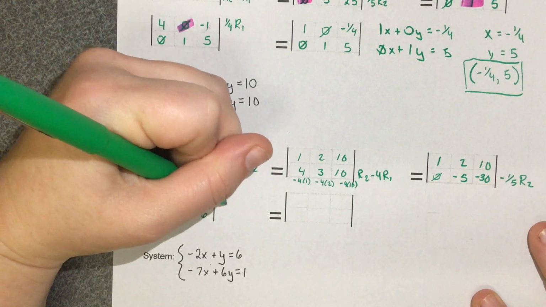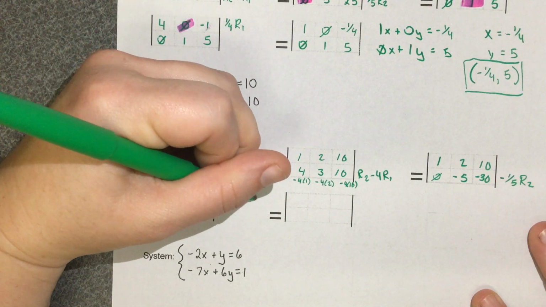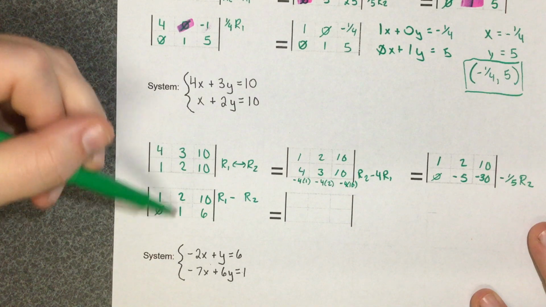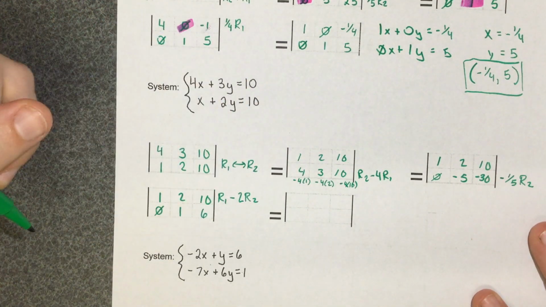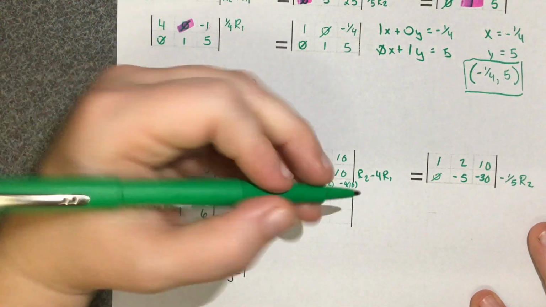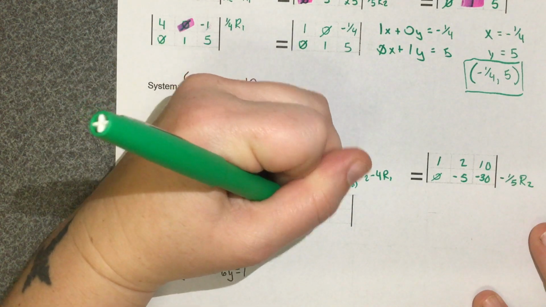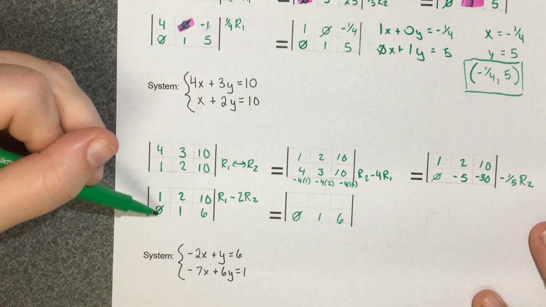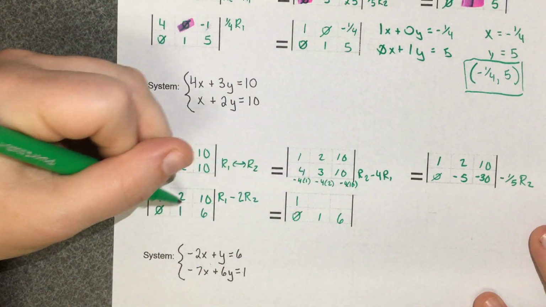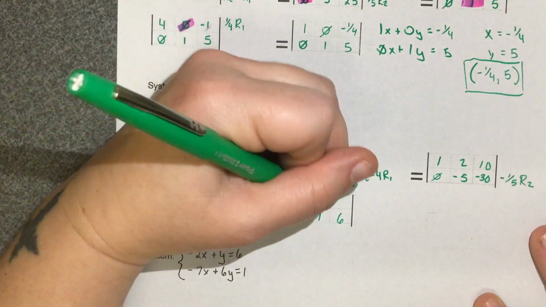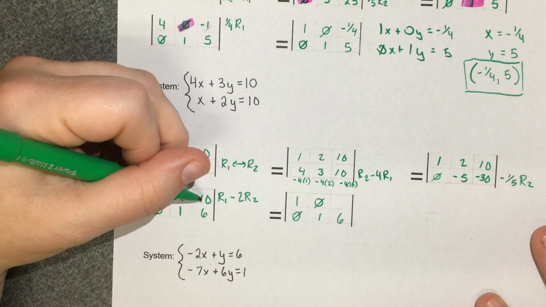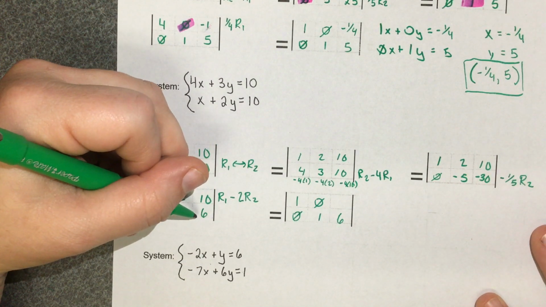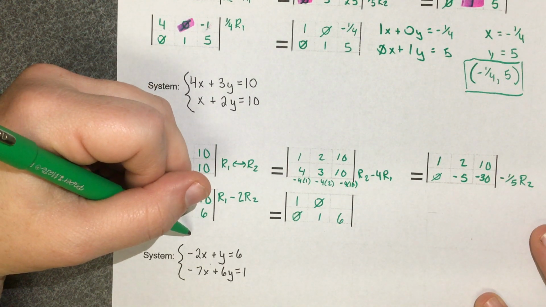So I'm going to take row 1 and subtract row 2 from it, and I'll have to subtract row 2 2 times to get to a 0 here. So row 2 is unaffected, but row 1, 1 minus 0 minus 0, 2 minus 1 minus 1, 10 minus 6 minus 6.